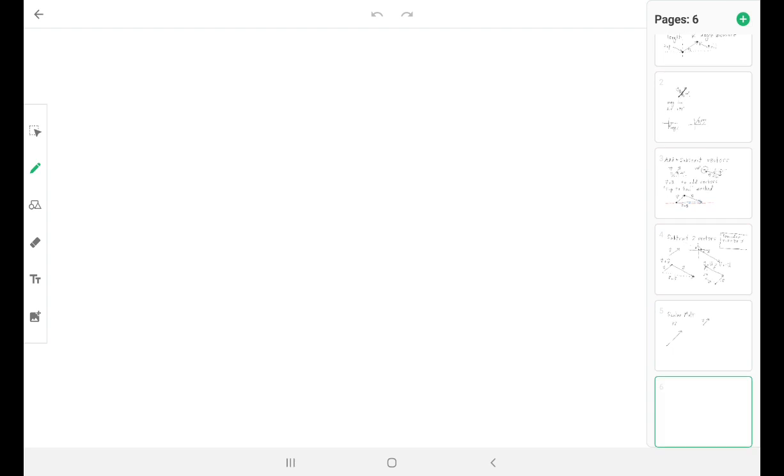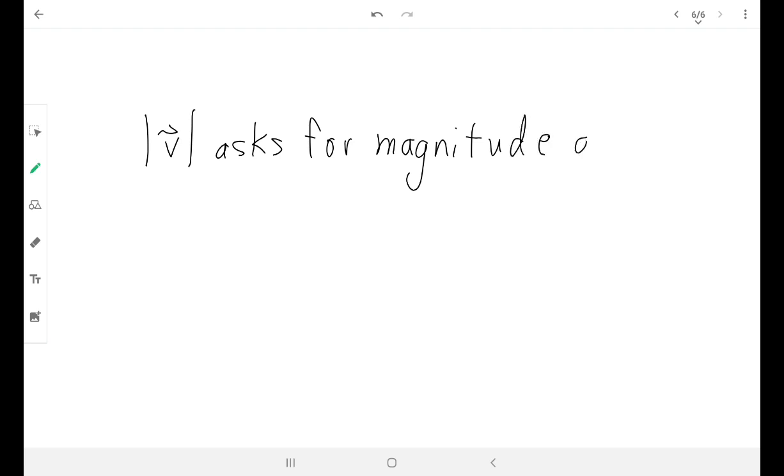Let me remind you of some terms, or let you know about some terms. If you put vector v inside of absolute value bars, this asks for the magnitude of vector v.